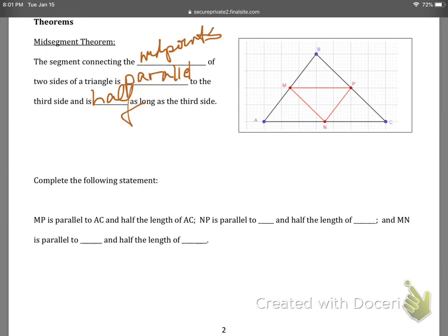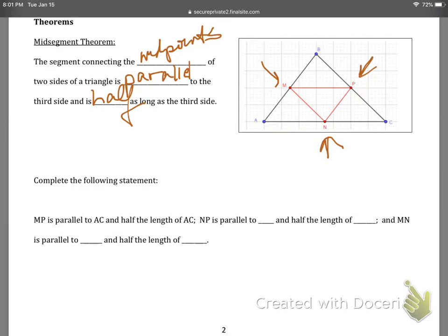So once again, the red points here, here, and here are midpoints. Okay? So the mid-segments are parallel to the part of the triangle directly below it. So this mid-segment right here is parallel to this segment, and it's also half the length.